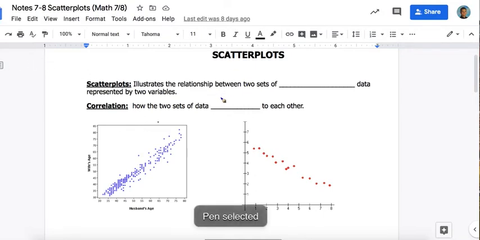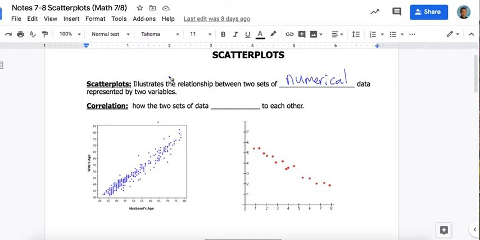So scatterplots illustrate the relationship between two sets of numerical data represented by two variables. Each point may represent an independent and dependent variable.